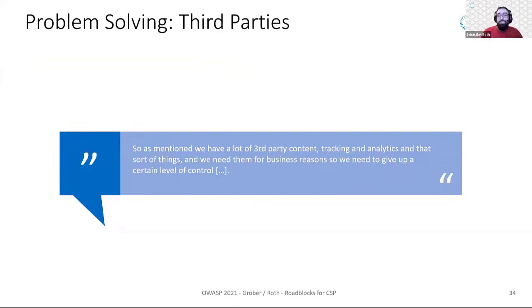And as we have seen earlier, it is sometimes not possible to solve issues introduced by third parties. Therefore, in the worst case, you need to give up a certain level of control or even allow the execution of inline resources if your third party is not CSP compliant.